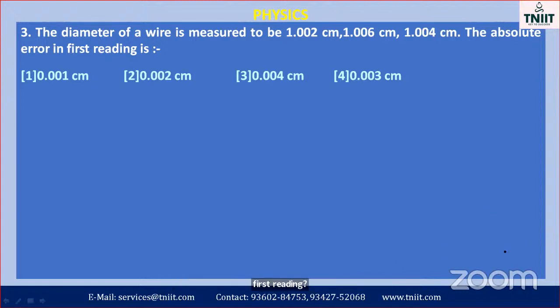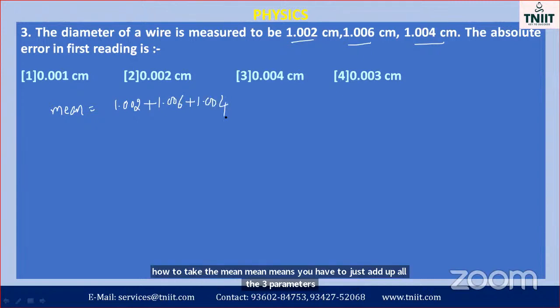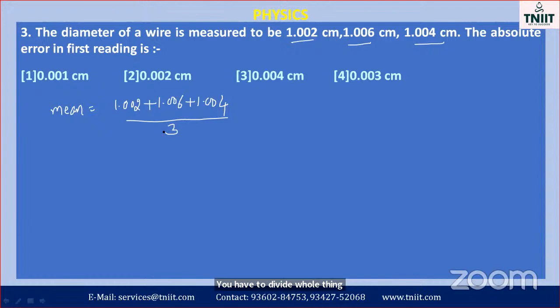The 3 trials for the diameter are D1, D2, D3. How to take the mean of that diameter, students? Mean means you have to just add up all the 3 readings and divide the whole thing by 3.